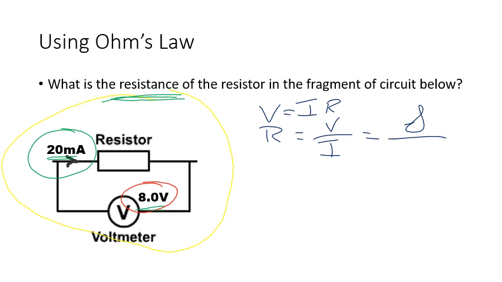And 20 thousandths is the same as 0.02. So that looks to me like that's going to be 400 ohms. Because 2's going into 8 4 times, and then I've got 4 divided by a hundredth, so 4 divided by a hundredth will be 400. Okay, 400 ohms. Right, that's the final one.